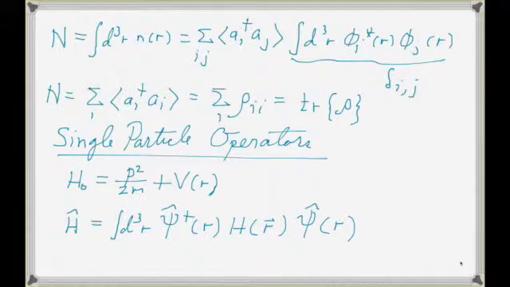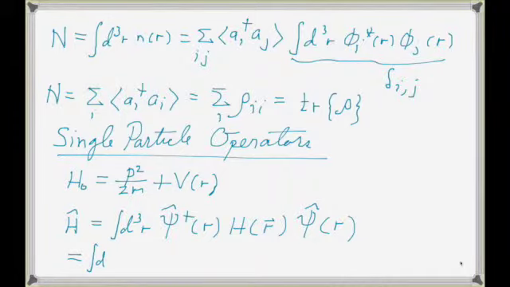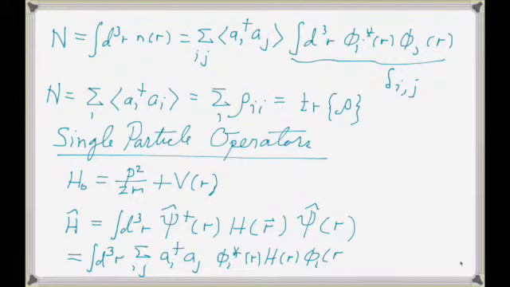Again, if we expand that out in terms of our localized orbital representation, that is equal to integral d cubed r sum ij ai dagger aj phi i star of r H of r phi j of r.